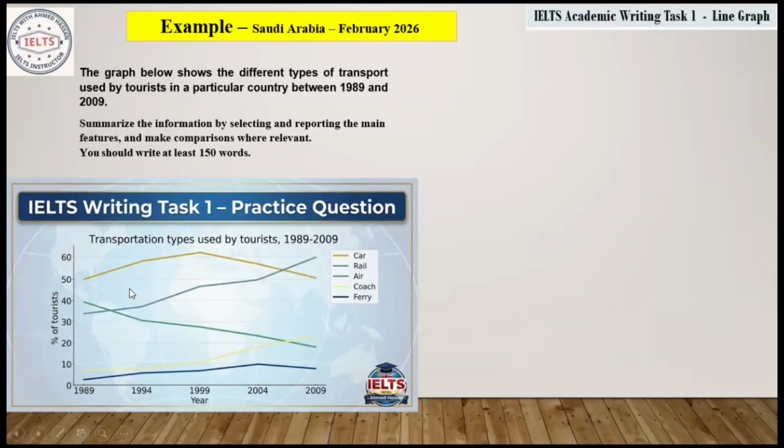Let's see who can describe the line chart, line graph. Who can tell me the main features of a line graph?